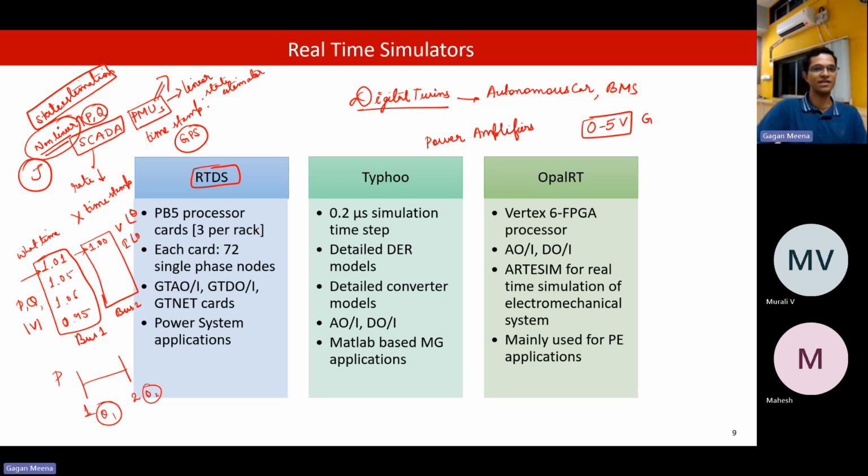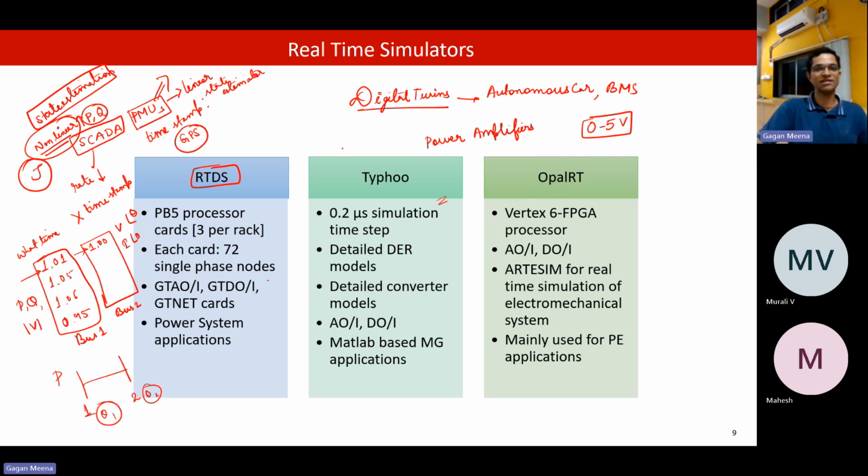In RTDS we have different cards: gigabit transceiver analog output, gigabit transceiver analog input, digital output, digital input. These are four different types of cards available for taking digital or analog output or input. From RTDS, we will get an output of only 0 to 5 volts.